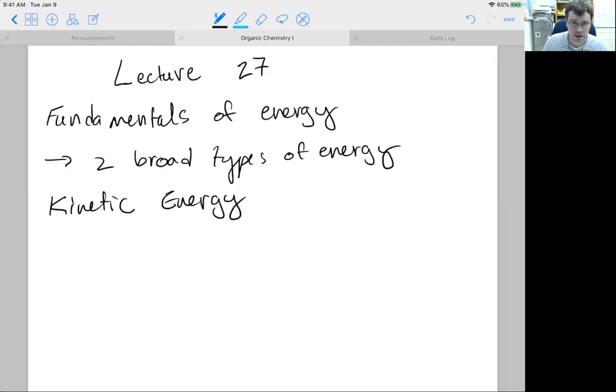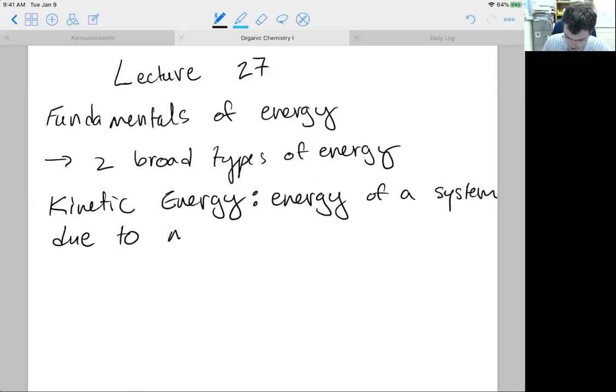So kinetic energy is energy of a system due to motion. Okay, so what we're saying here is that things that move have kinetic energy.